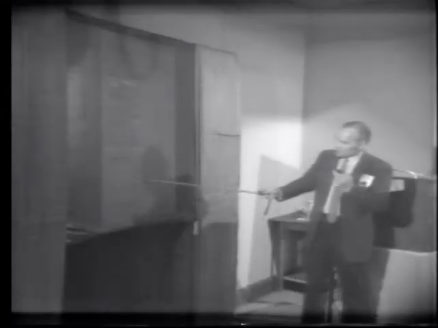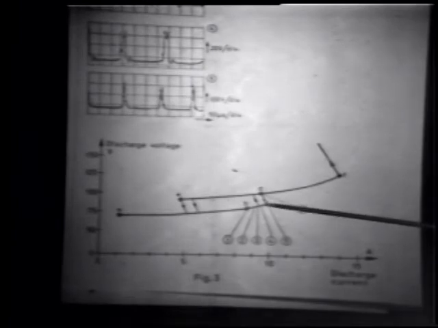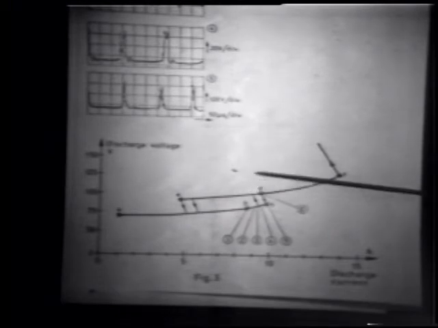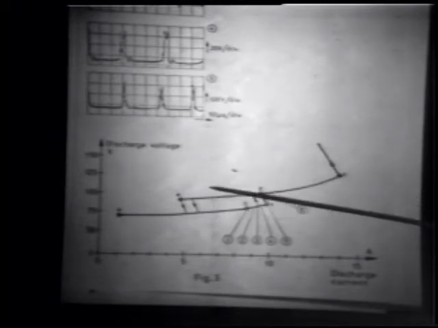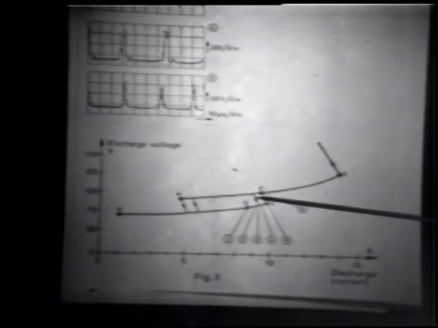And then suddenly the potential across the discharge jumps up from about 70 to 100 volts here, indicating that the average DC component of the potential across the discharge is of the order of 30 volts.